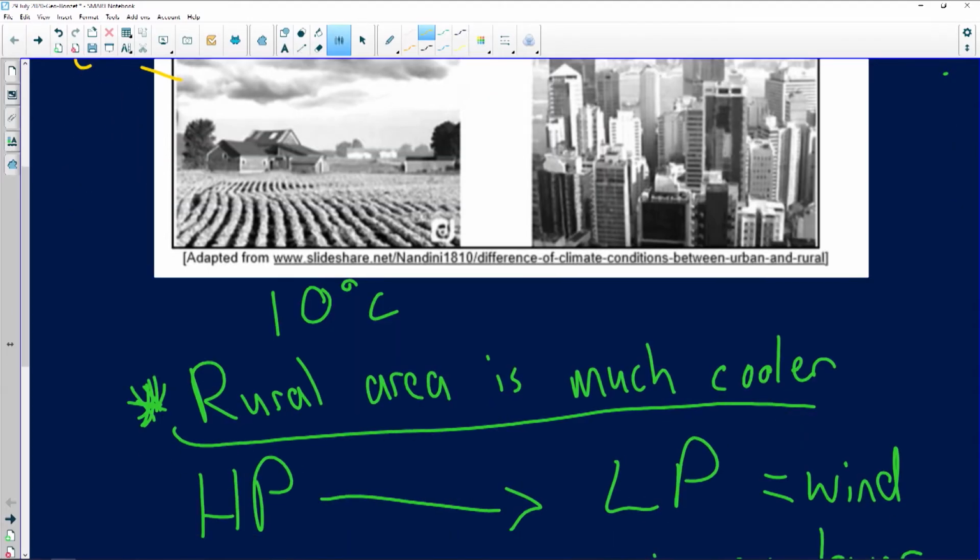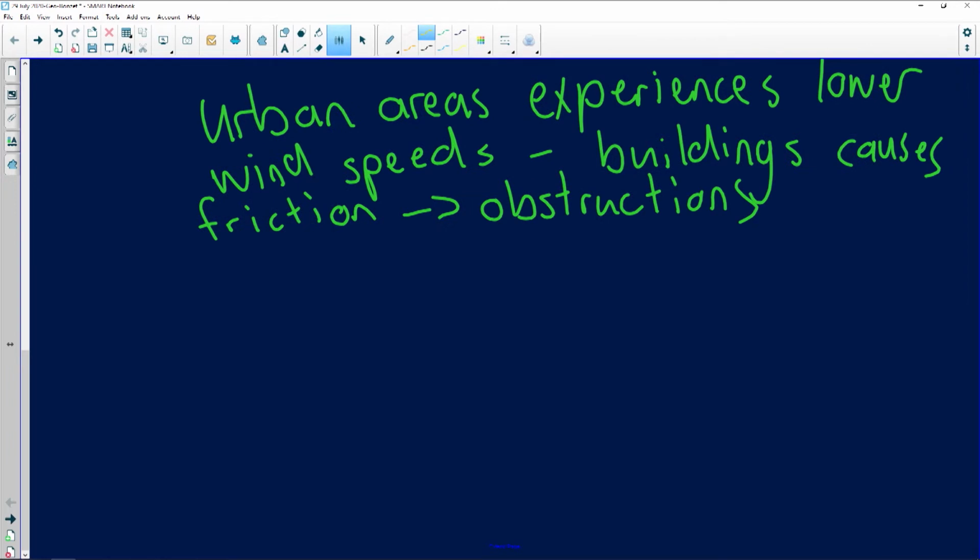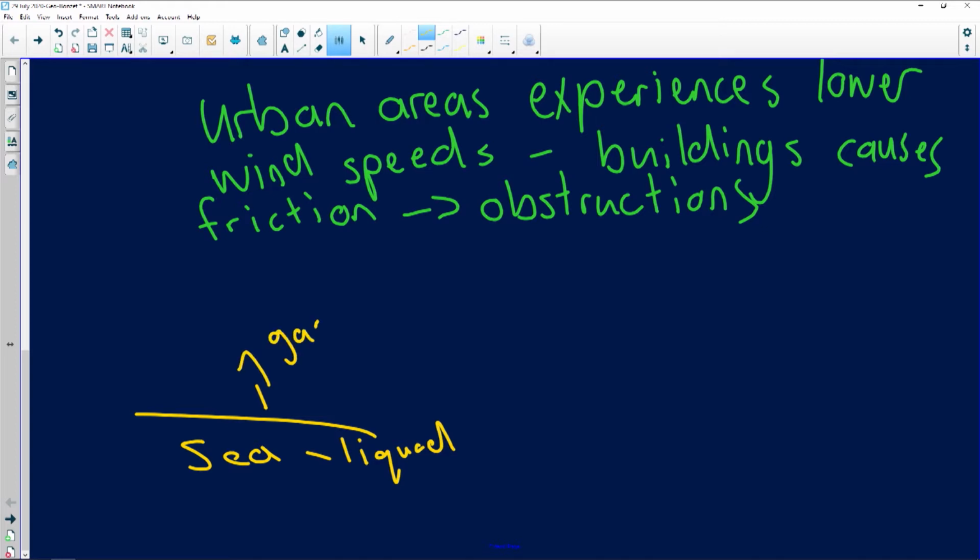So if I can just do a simple flow diagram, there's your sea, the ocean, it evaporates, it turns from a liquid to a gas, and that's known as evaporation.